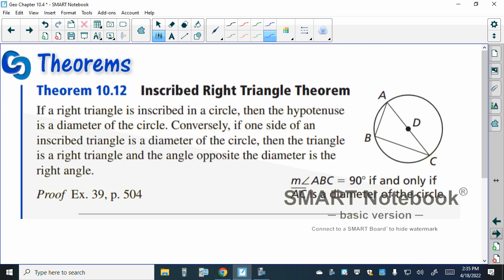Well, let's see here. If this is the diameter, we know that A to C, this red arc, is 180. It's half the circle, yes? And an inscribed angle is half the measure of its arc. So half of 180 is 90. So this angle here has to be 90.